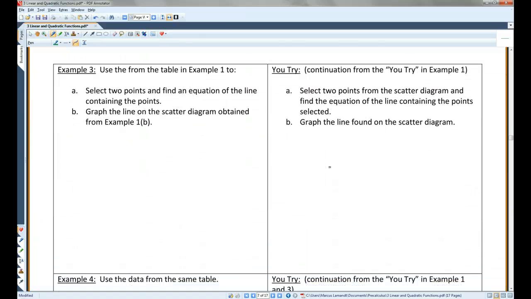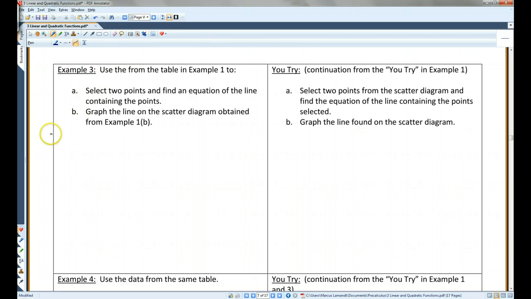Alright, example 3. Use the table in example 1 to select 2 points and find an equation of the line containing the points, and then graph the line on a scatter diagram obtained from the example. All right. Okay, so select 2 points. It really doesn't matter which 2 points you select.